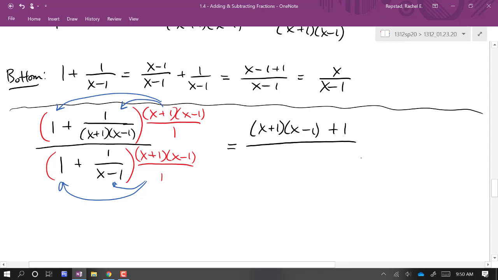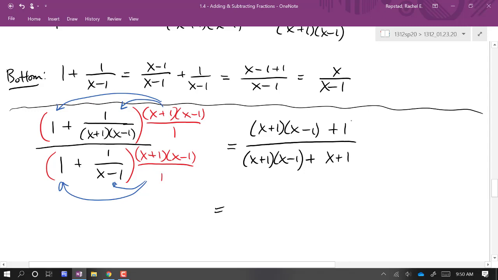When we distribute it on the bottom, what do we get? For the second term, yep. And then for the first term, it's still just multiplied by 1. So x plus 1 times x minus 1. And then plus, the x minus 1's cancel, so x plus 1.